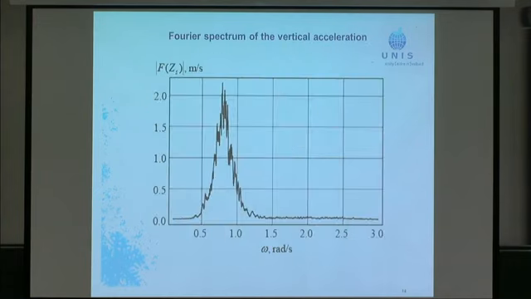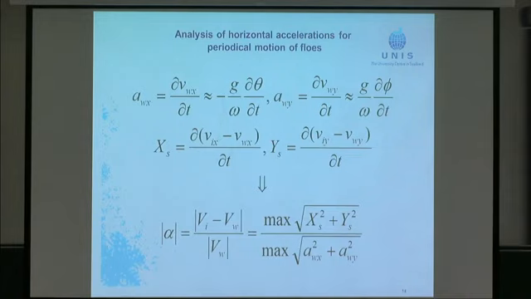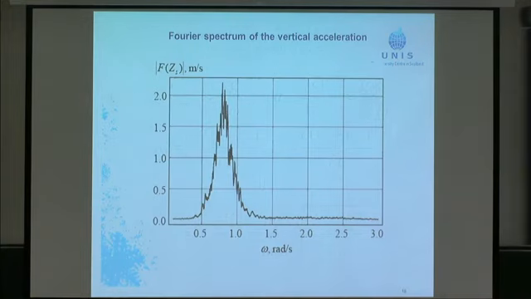On the next slide, I just want to show you that it is important that I place here omega, which is like the peak frequency of the recorded wave. If I have many frequencies, I am not allowed to express acceleration with this formula, so I need to differentiate by time or integrate. But in our situation, vertical acceleration shows a very nice peak frequency, about 0.8 radian per second.